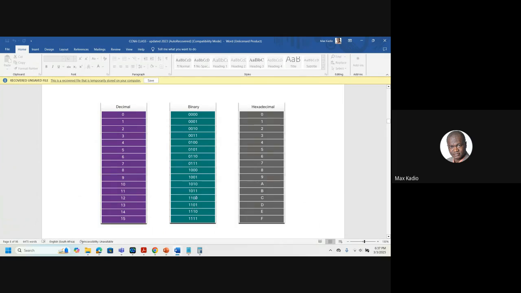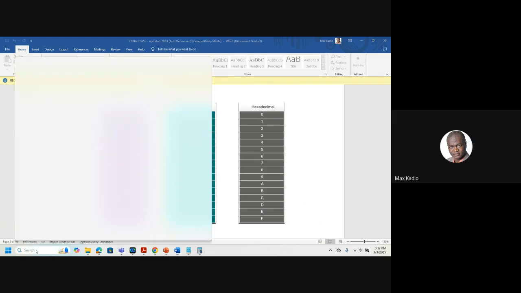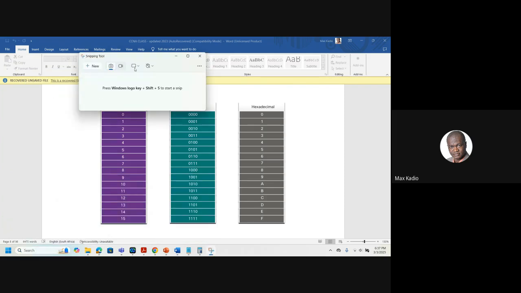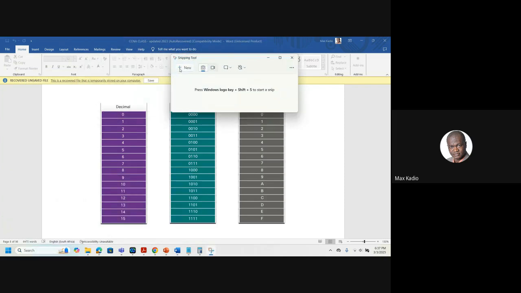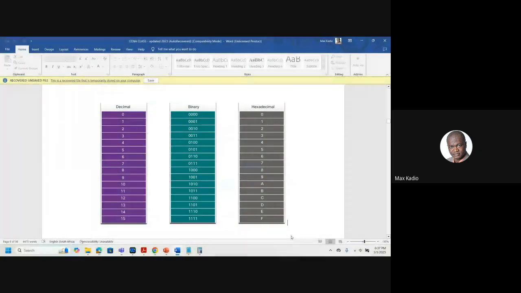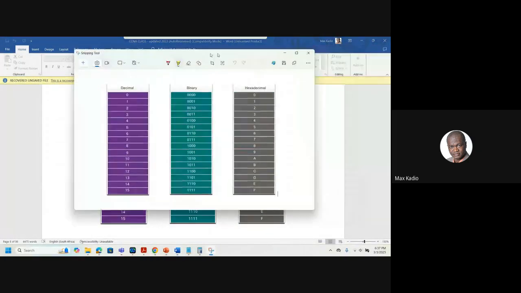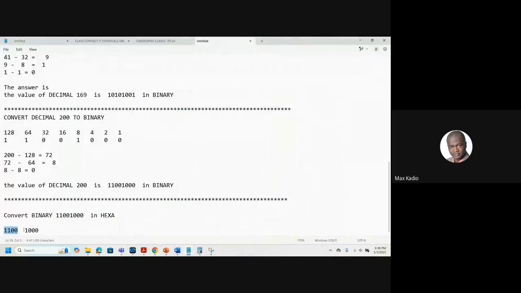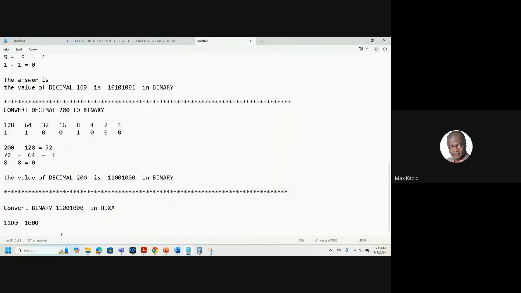You go across, it's C. The value is C. Then you put it here.